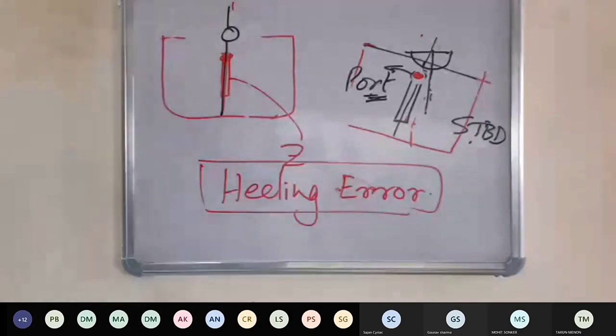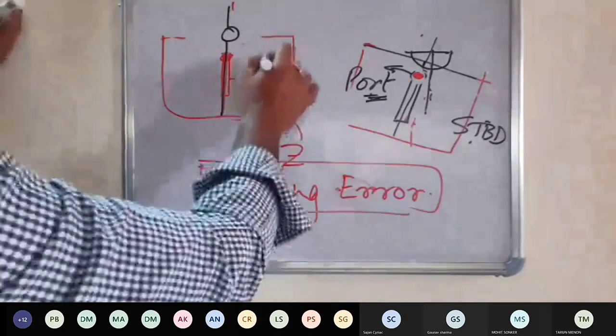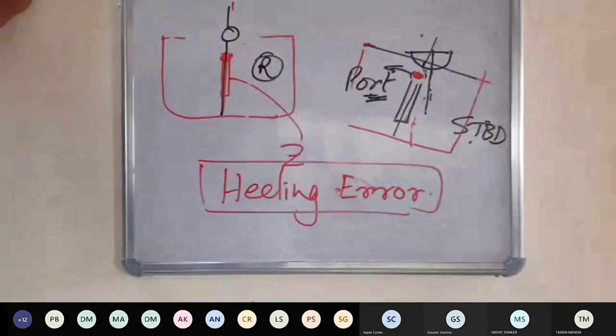The component R that we had, PQR, R को compensate करने के लिए क्या था हमारे पास?